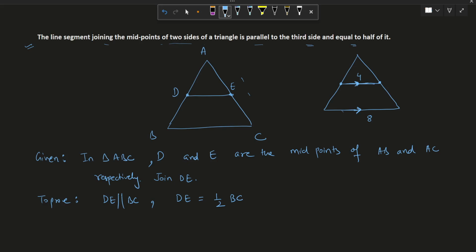So what construction we will do is we will produce this line DE to a point F and then join that point with C. Let's say this is that point F. We produce it in such a way that CF is parallel to BA. So we have to do a construction first.